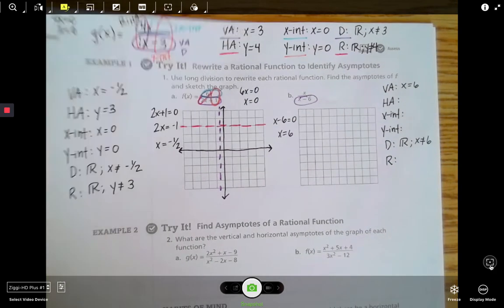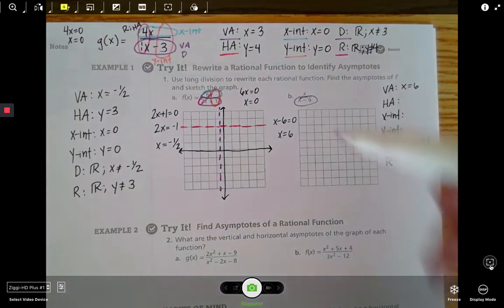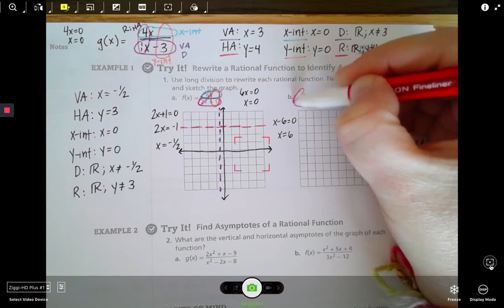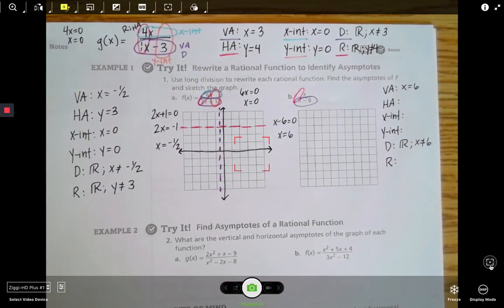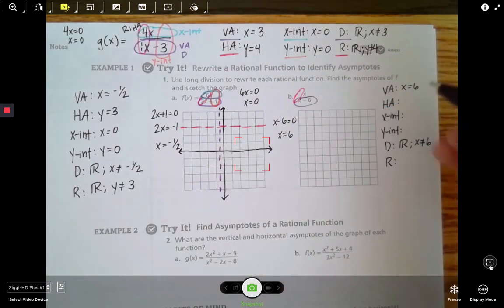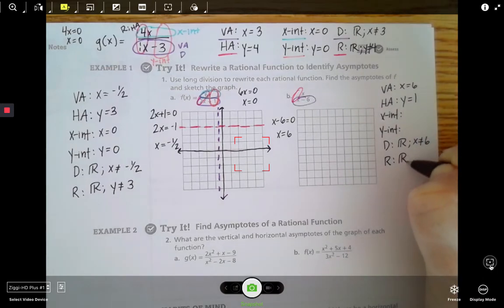Okay, next I've got my horizontal asymptote, which comes from your two leading coefficients. They're both an understood what? 1. So that's going to be y is equal to 1. So that means all real numbers except y cannot equal 1.